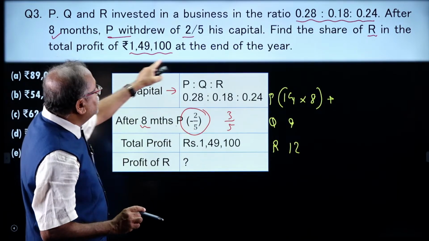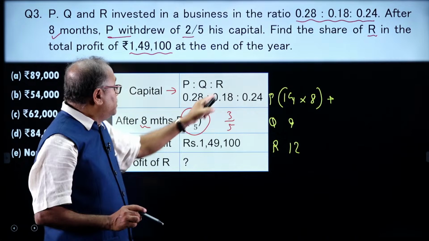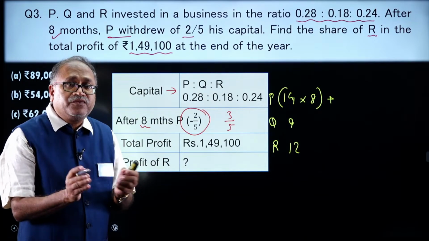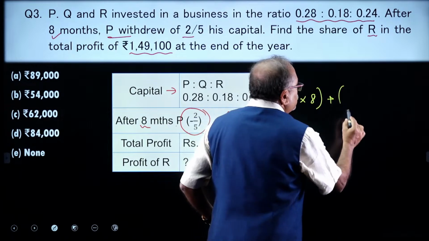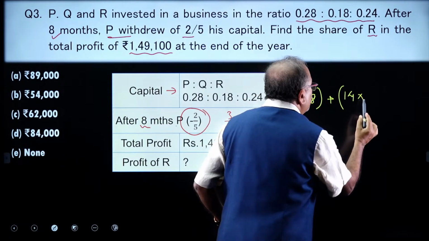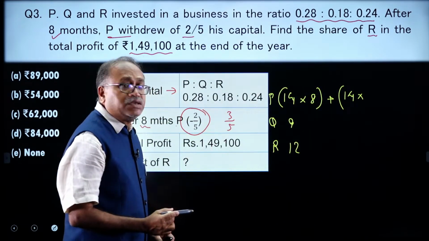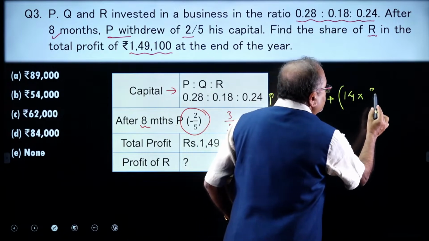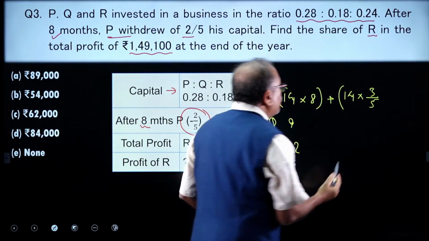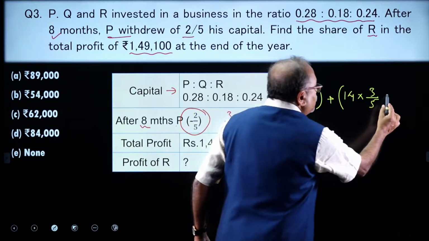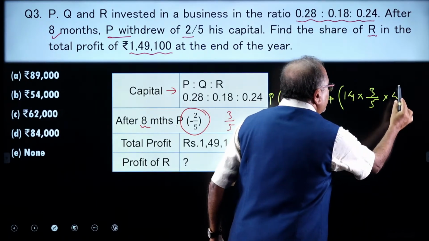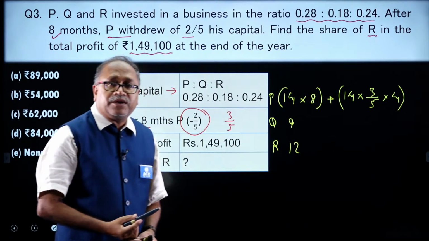But remember that at the end of the year, that means after 8 months, he left with 4 months. What was his capital? 14. So I will take that 14 into 3/5 of this capital is left, 3/5. And for how many months is this? 8 months is over. Then it is for the remaining 4 months. So this is about P.